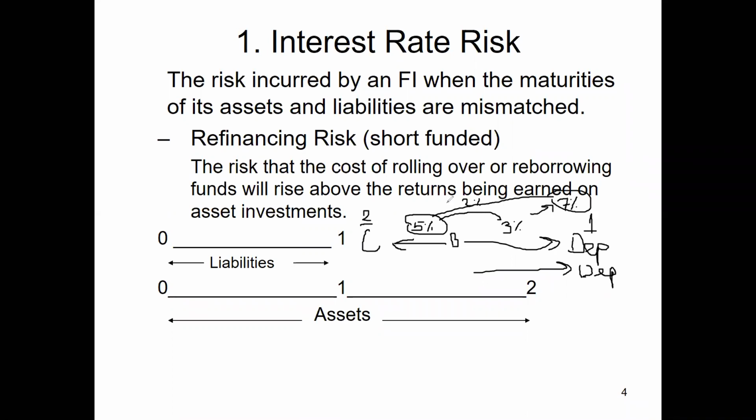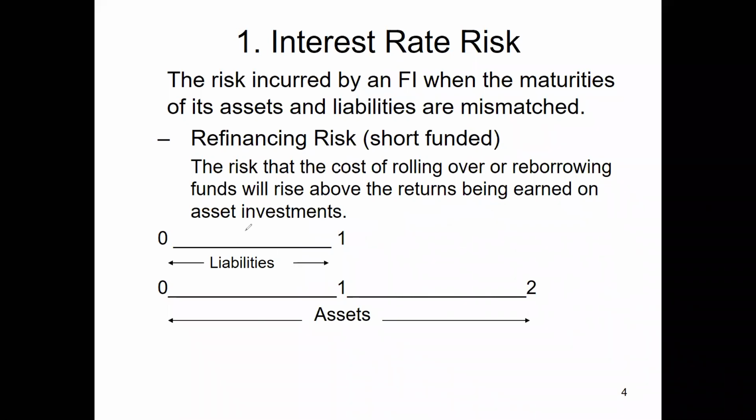So banks do not desire the situation where the asset maturity is higher than the liabilities. Liabilities are deposits for the banks, and assets are loans. If it were the vice versa, what is the benefit the bank would get if interest rate goes down?